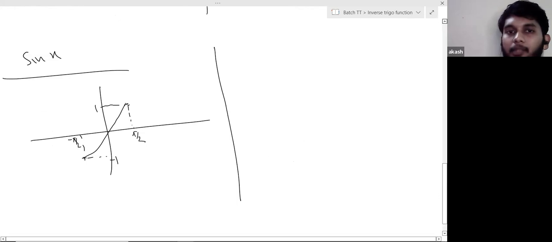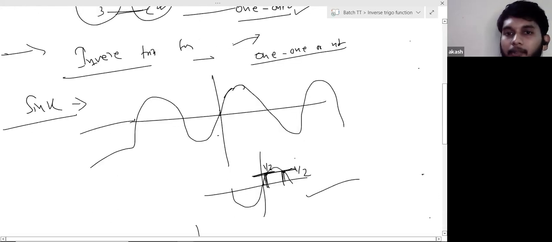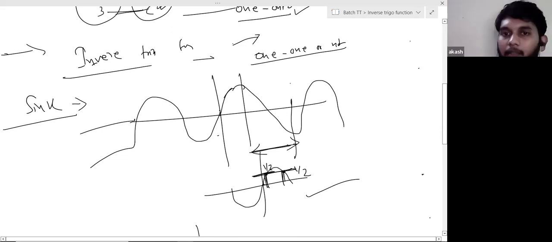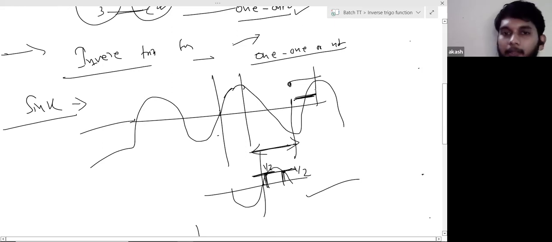We didn't have to restrict the graph to this part. We could have restricted it to this part, and that is also one-one. If I take a graph from here to here, that is also one-one. So all of these graphs are possible.